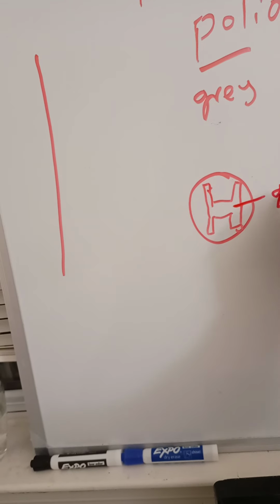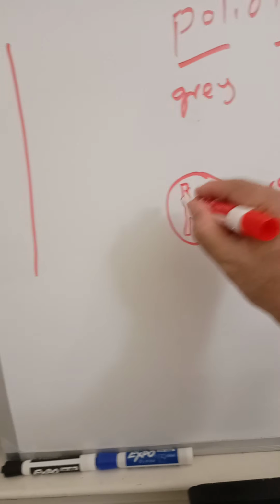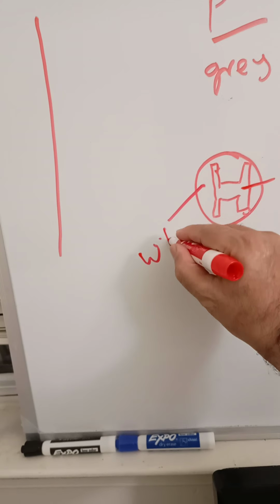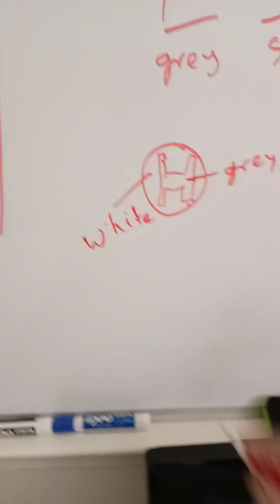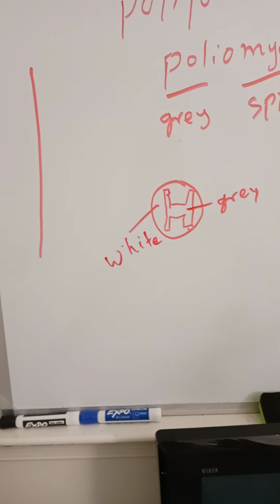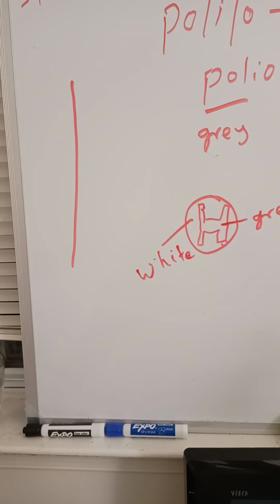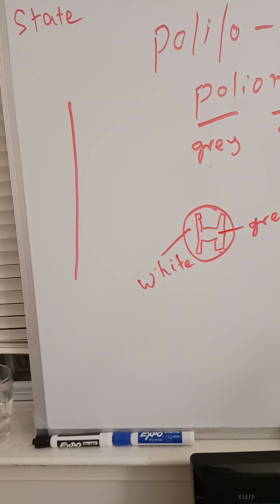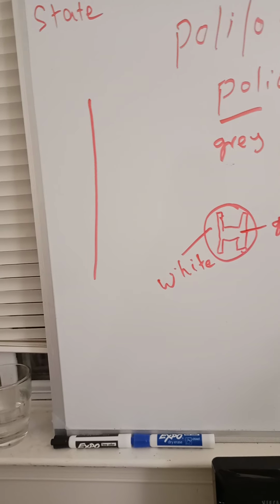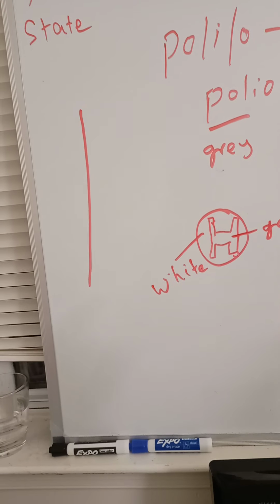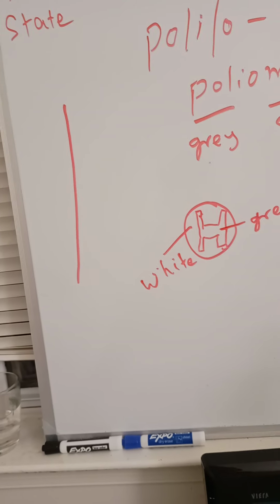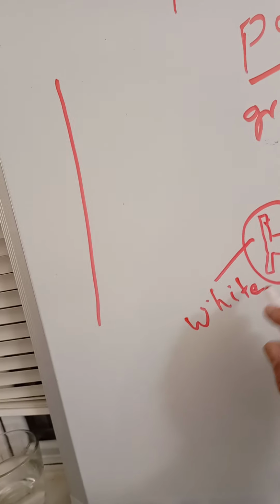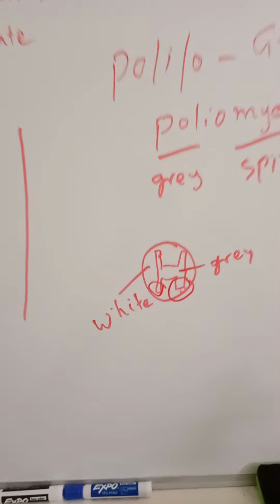This one is gray, and all the other area of the spinal cord is white. By the way, our whole nervous system consists of these two colors, gray and white. But in the spinal cord, the center is gray and the surrounding is white. So it is this area that is infected in poliomyelitis.